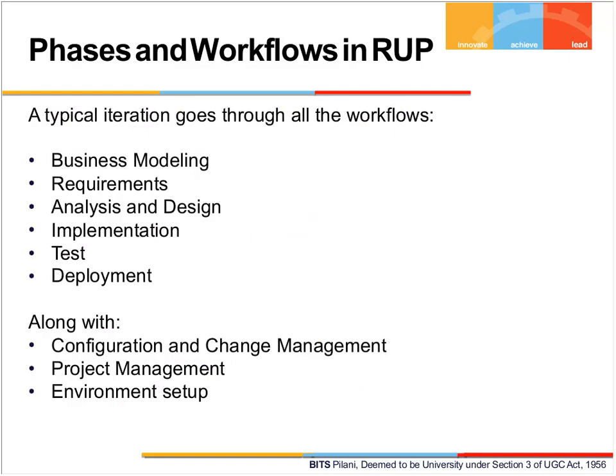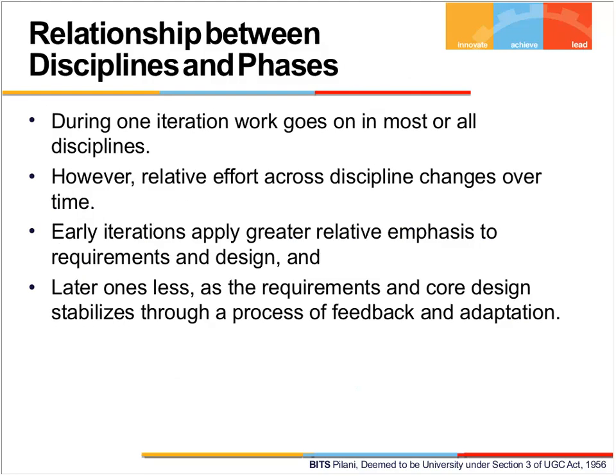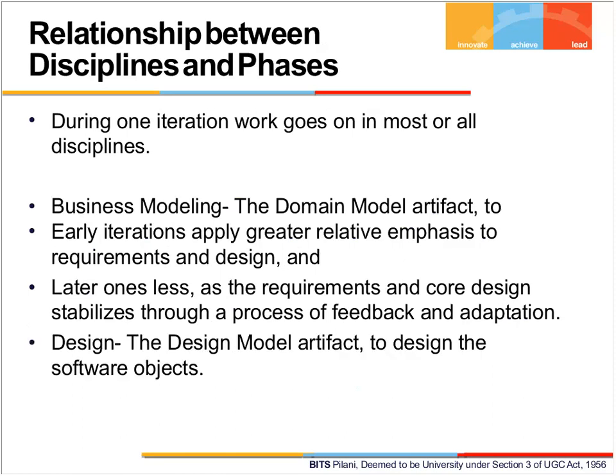So these are the typical workflow activities which are executed during the various phases of the Rational Unified Process, right? And here we discussed the relationship between the various disciplines, or what we call the workflow activities, and the phases of the Rational Unified Process, right?